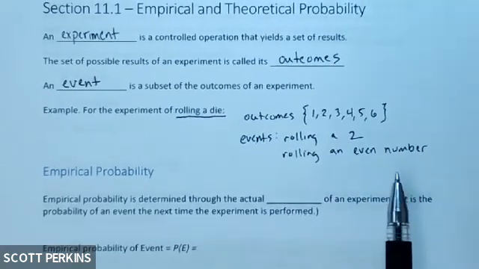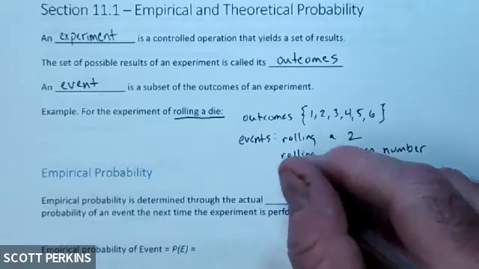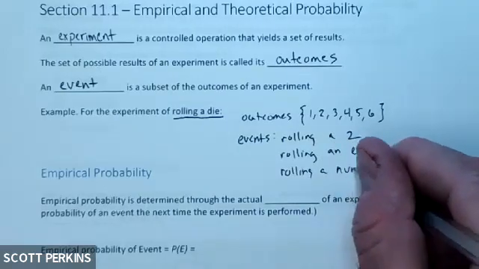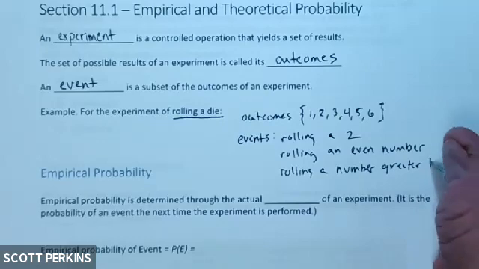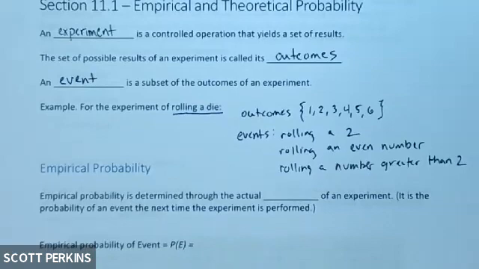So if I'm rolling an even number, what outcomes am I looking at there? Perfect, 2, 4, 6. And then one more, rolling a number greater than 2. What outcomes are taken into account in that event? 3, 4, 5, 6, perfection.